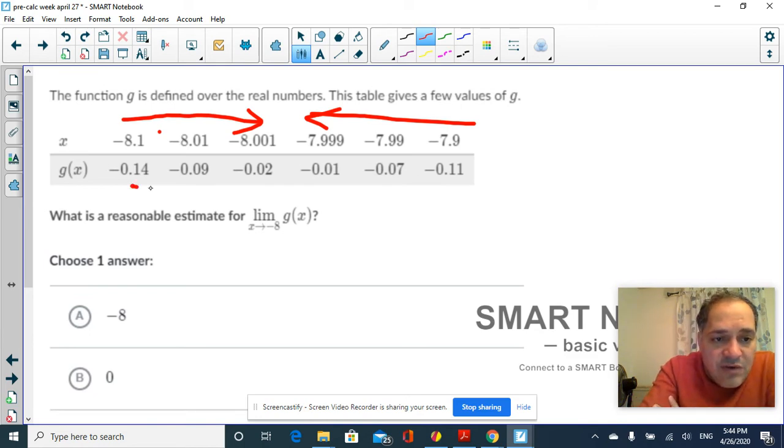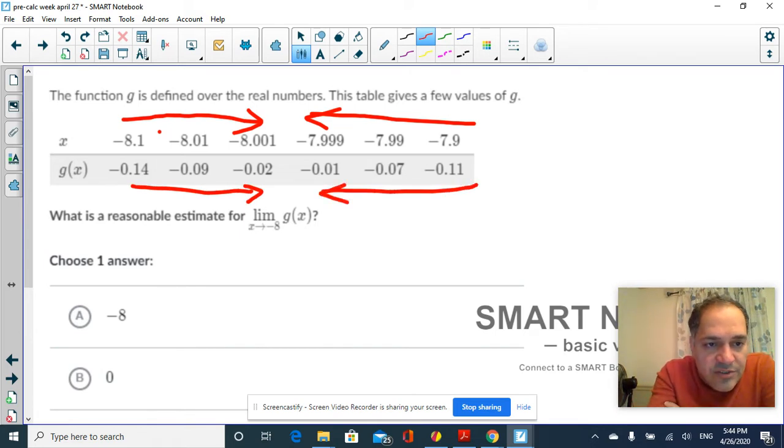What is the value of the function itself approaching? Anyone have any idea? From here it's negative 0.14, so it's going to be greater. If you look at the numbers, this one is going to be smaller and smaller.